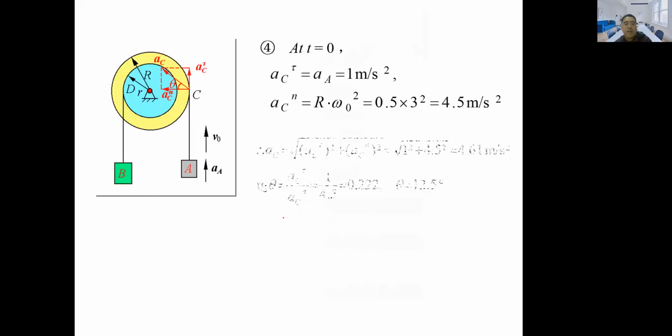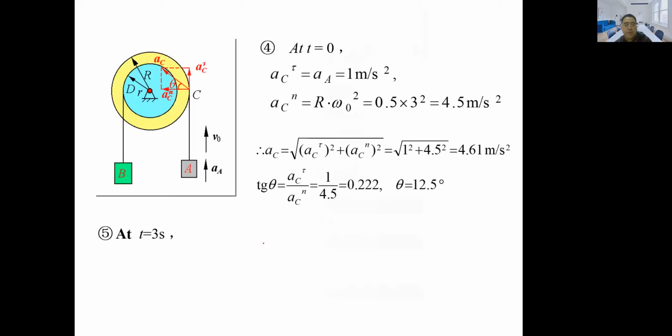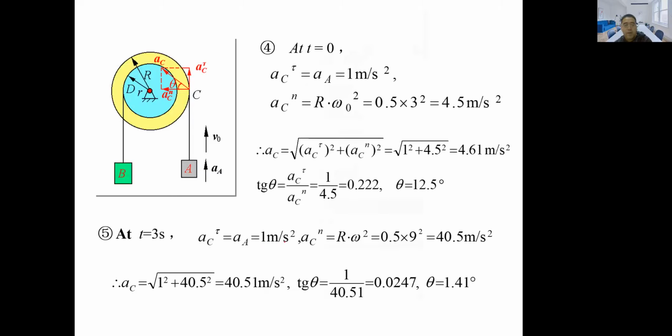I think the other parts may be quite difficult for you, so take your time to try to understand this. Since we don't have enough time, we just cover this quite speedily. a_C^tau always equals a_A, because throughout the whole process a_A keeps a constant value.